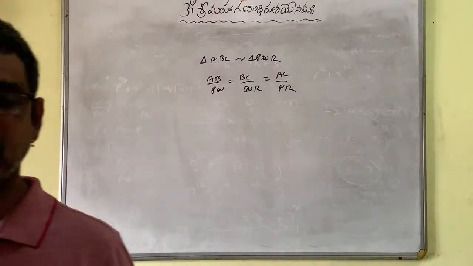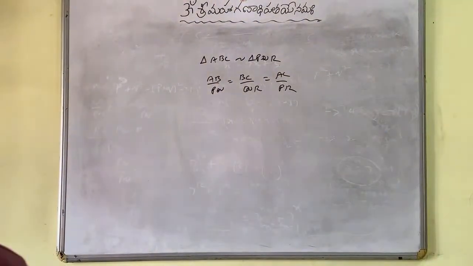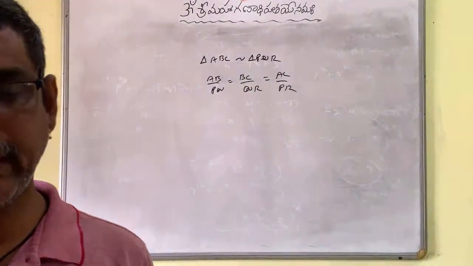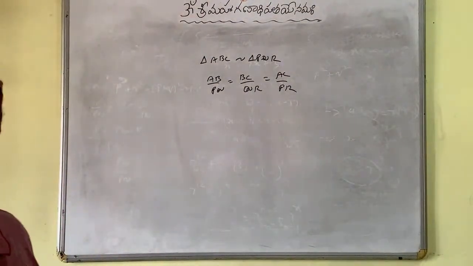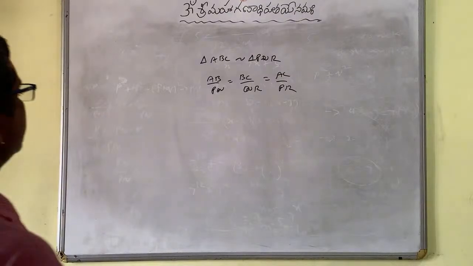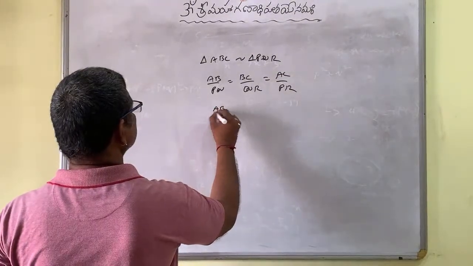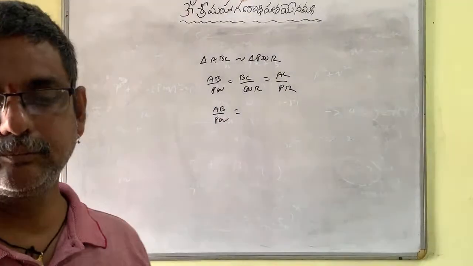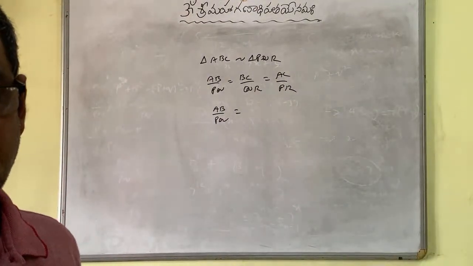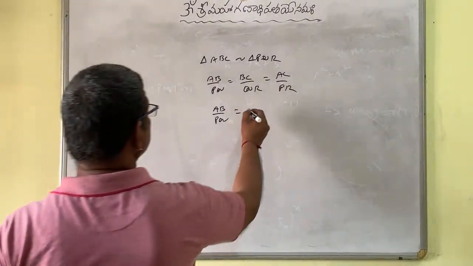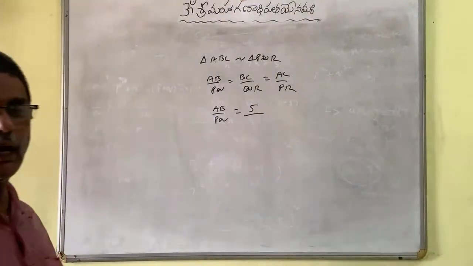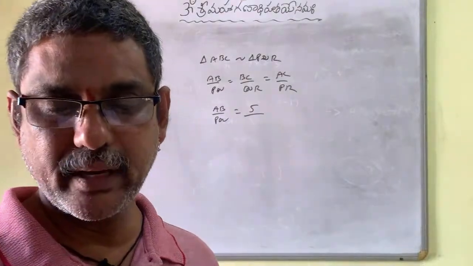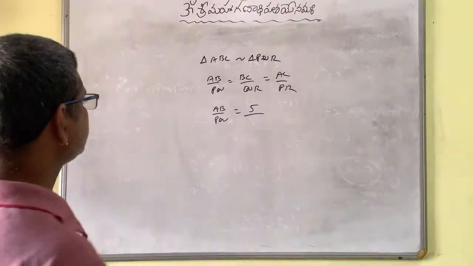Okay. Now, AB is given how much? Nothing. PQ also nothing. And how much is BC? BC is 5. BC by QR, QR is 3.